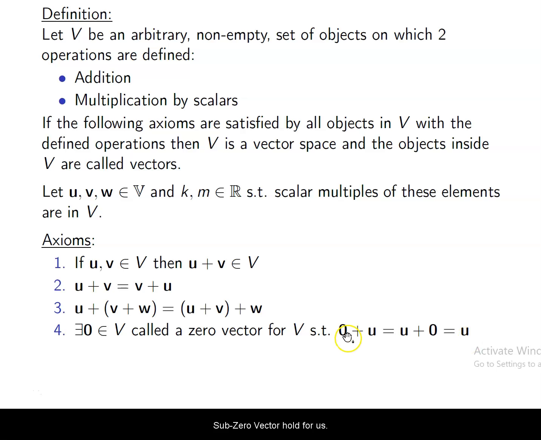So the 0 vector holds for us the additive identity.